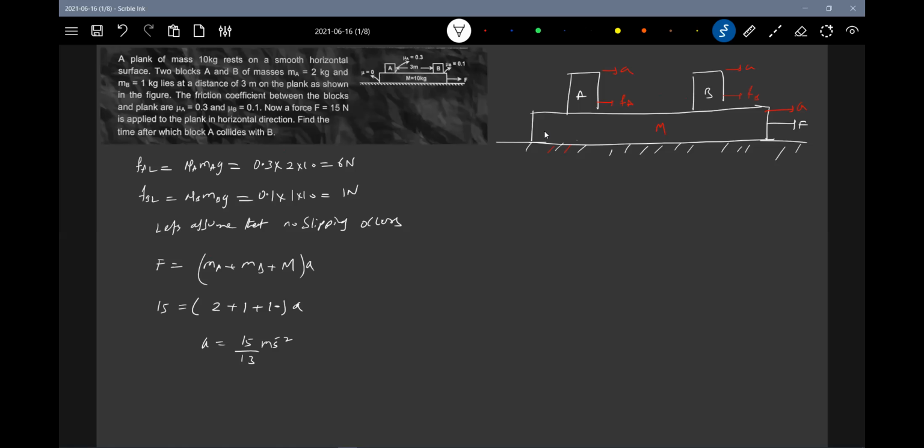F_B is equal to M_B into a. The mass of the block is 1, so this will be 15 by 13. Definitely F_B is greater than F_BL. Therefore slipping occurs between block B and the plank. Similarly, we'll check F_A. F_A equals M_A into a, mass of block A is 2, acceleration 15 by 13.